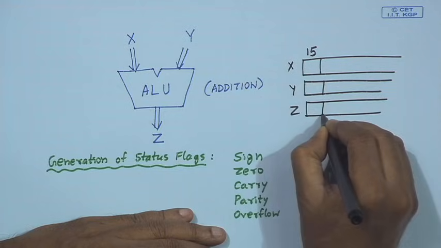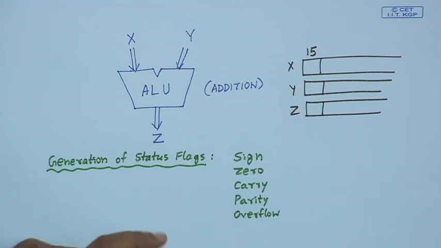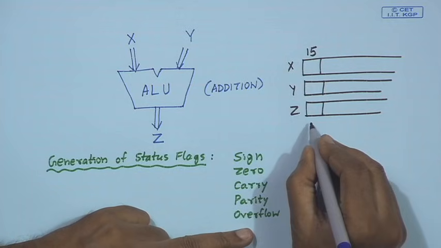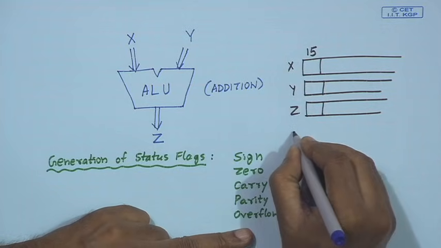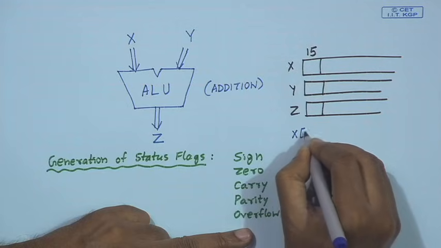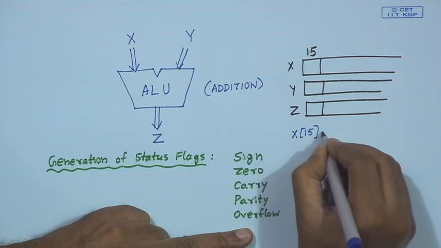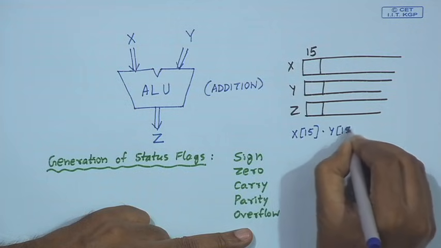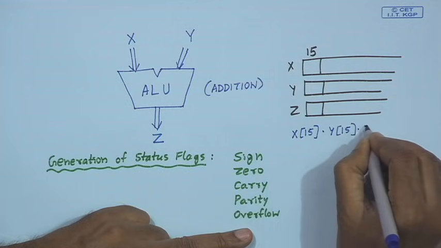So, here also we have bit number 15. Now, here we are saying that there will be overflow if the condition that has to be followed is this. I am just writing it down, then I am explaining.